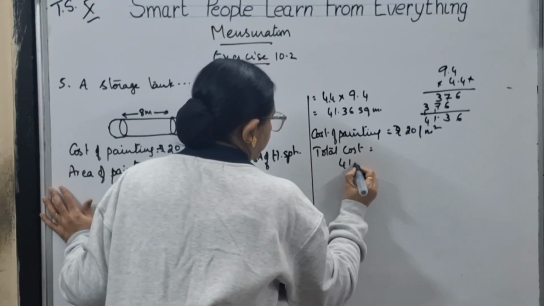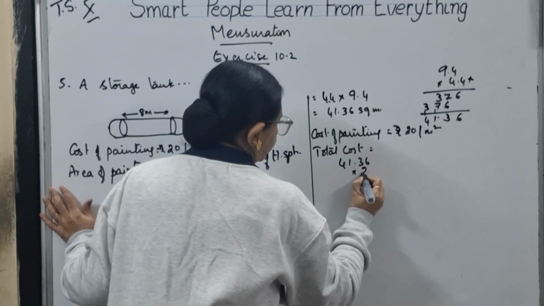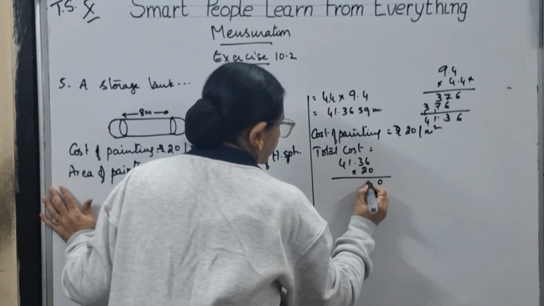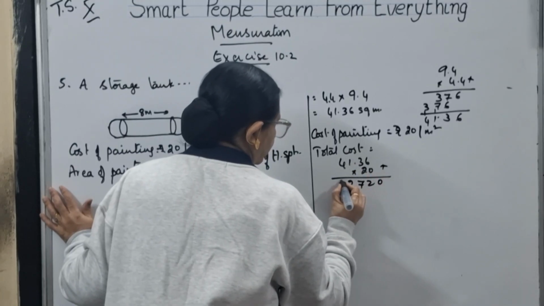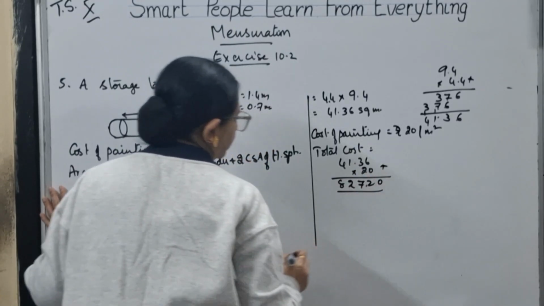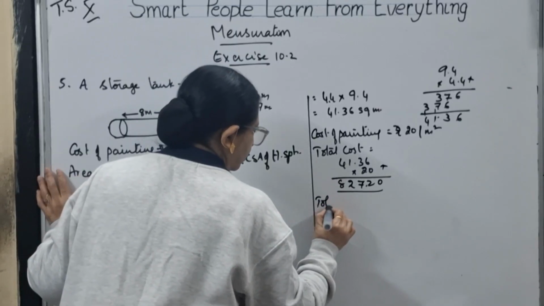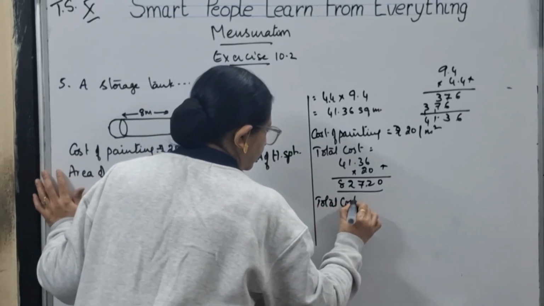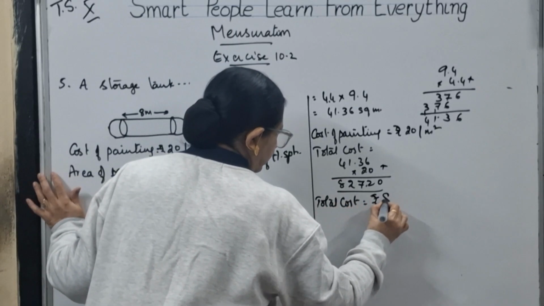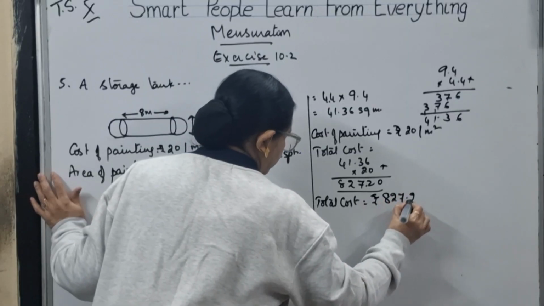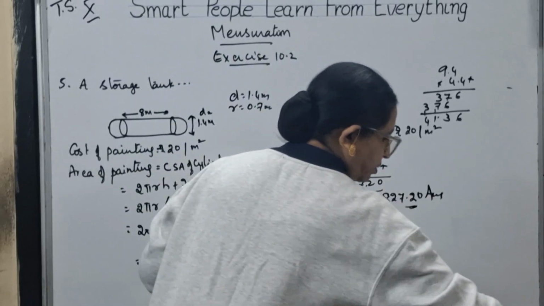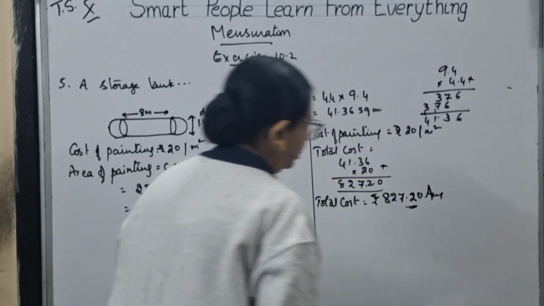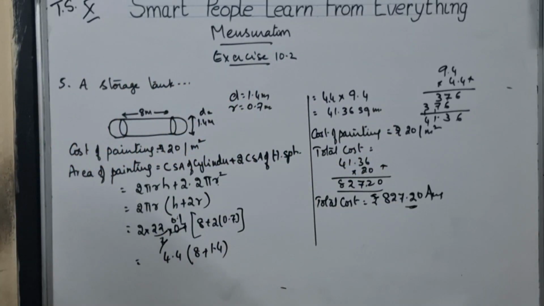Total cost is 41.36 into 20, which is rupees 827.20. 827 rupees 20 paise is the answer, children. This is the fifth sum. Children, please note it down.